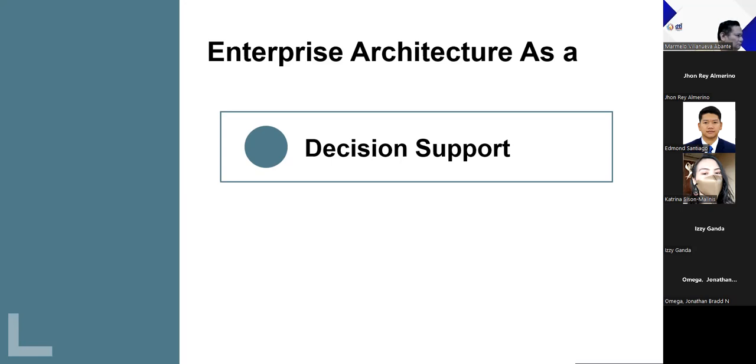EA supports design and configuration management decisions, as well as the alignment of IT initiatives with technical standards for voice, data, video, and security at the staff level. EA supports decisions regarding operations, maintenance, and the development of IT resources and services.